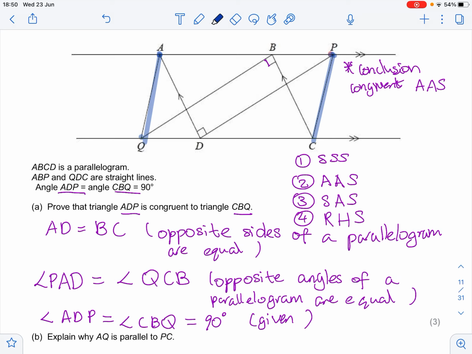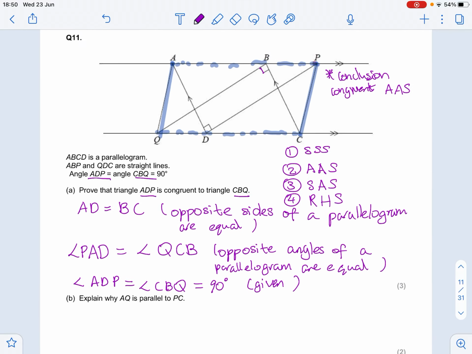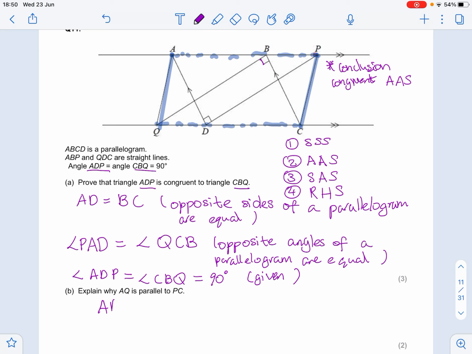AP is equal to QC, because we can see here we have a parallelogram. We can say that AP and CQ are equal.